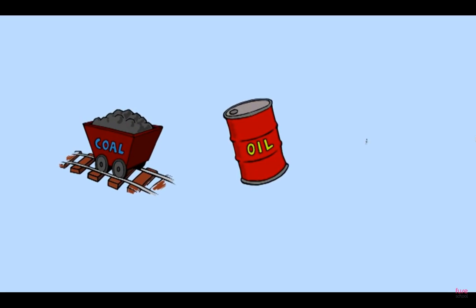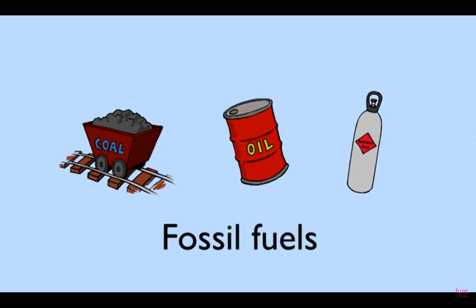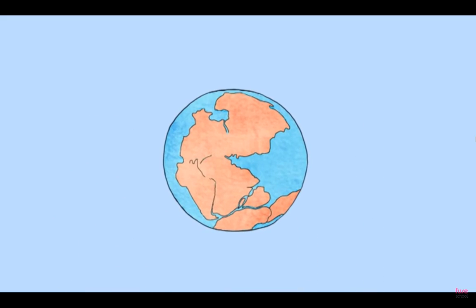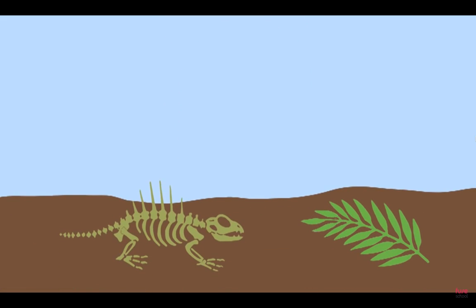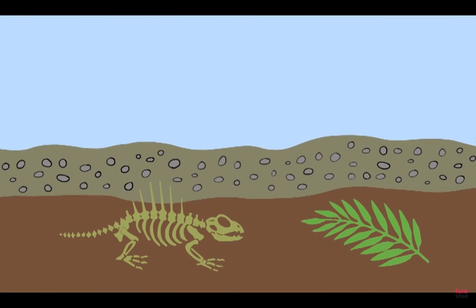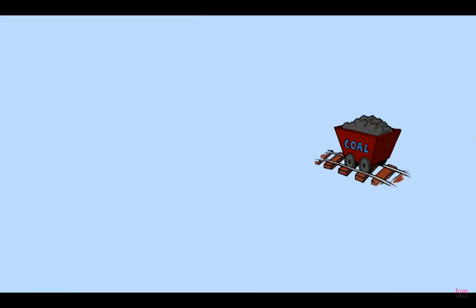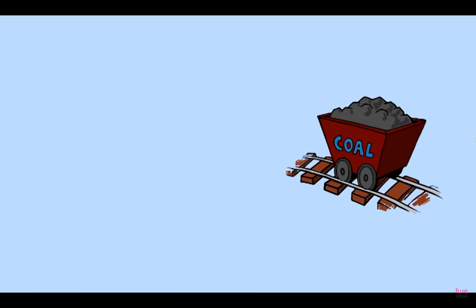Coal, oil and natural gas are fossil fuels. They were formed hundreds of millions of years ago when decaying plant and animal matter were buried under layers of mud, rock and sand which started to fossilise them. Although fossil fuels are made in similar ways, coal is made slightly differently from that of oil and natural gas.